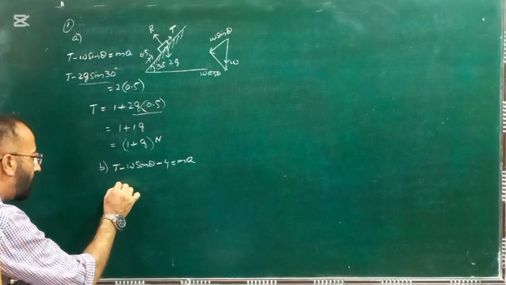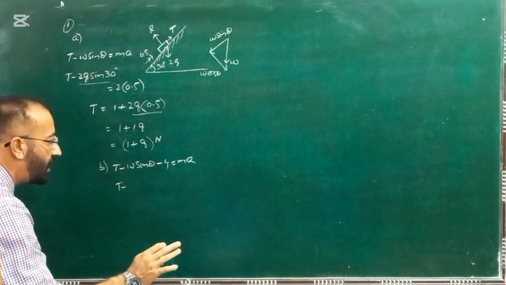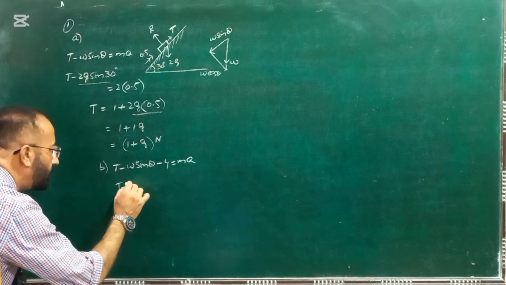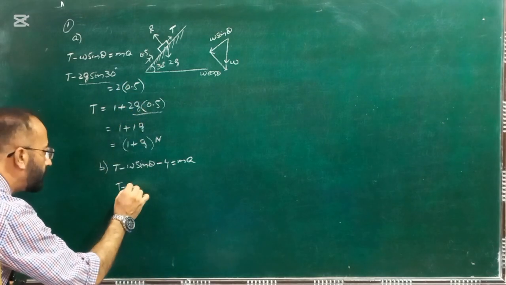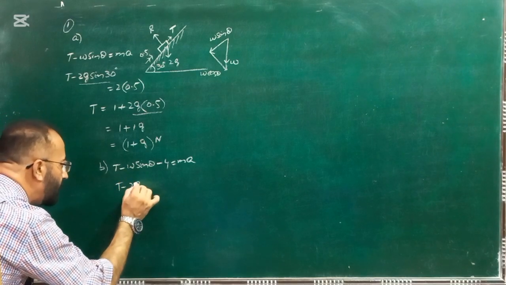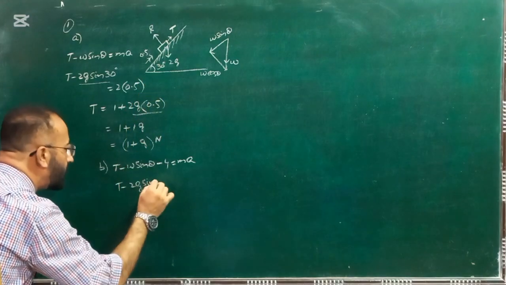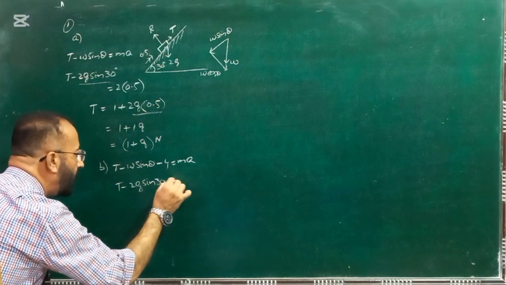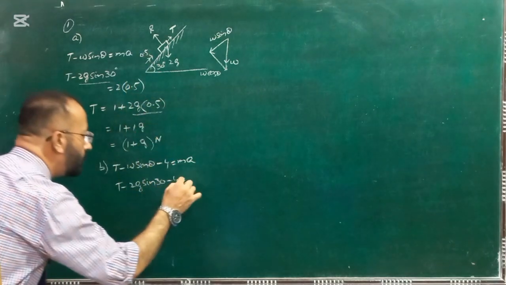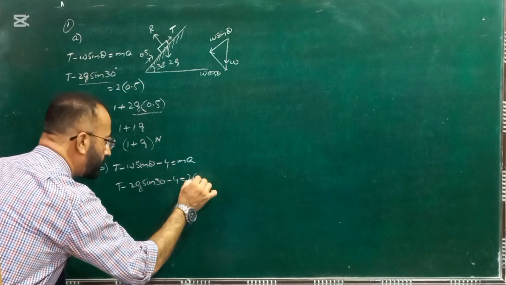Okay, from here you will put the values. Because it is required that the answer should be in terms of g, T minus W, where W is equal to mg, m is 2 and g is still there, and W sine 30, minus 4 should be equal to MA, where m is 2 and a is 0.5.